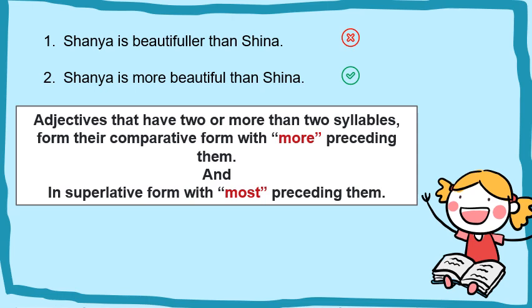Adjectives that have two or more than two syllables form their comparative degree with more preceding them and their superlative form with most preceding them. So beautiful has more than two syllables. That's why in comparative degree we will use more beautiful and in superlative most beautiful.